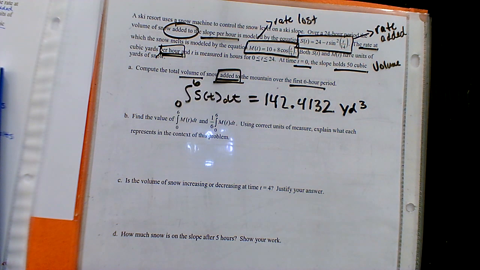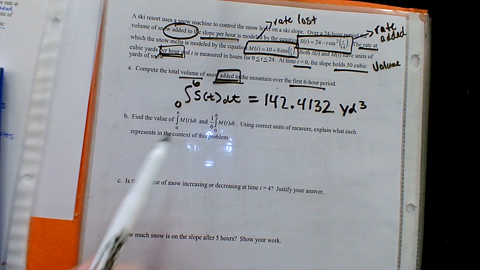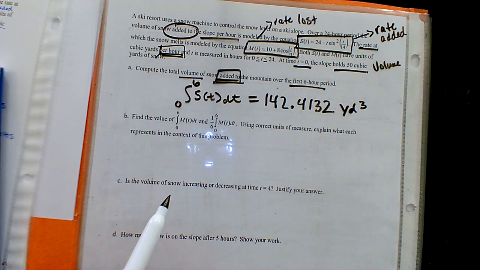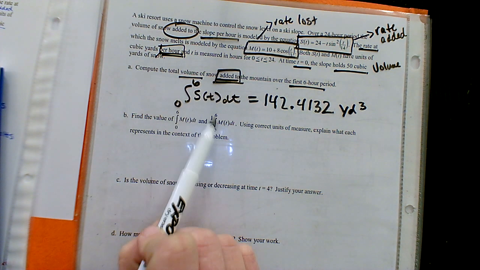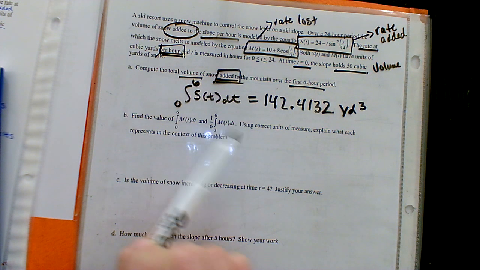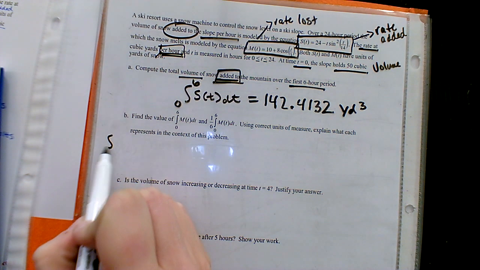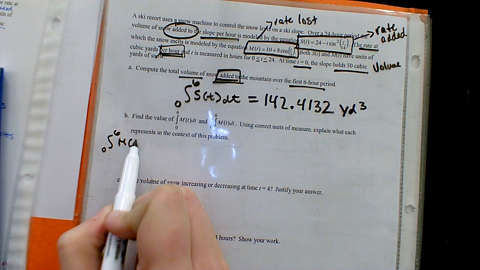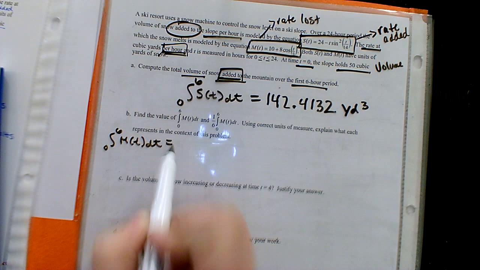All right, for part B, find the value of the integral from 0 to 6 of the M function, and also the integral from 0 to 6 of the M function, but multiplied by 1/6. All right, so this is just going to be a little bit more calculator work for us.